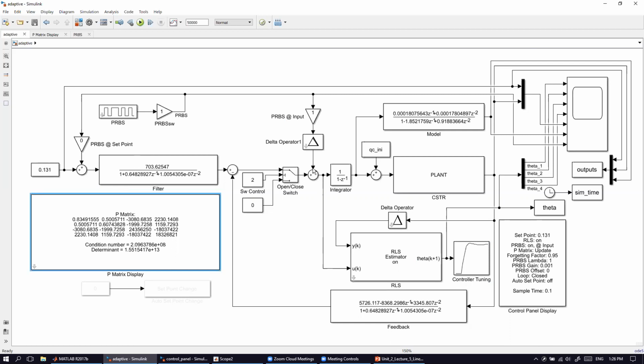So our excitation signal is a PRBS signal, which we also looked at, and it is added at the input to the plant. This one is constantly exciting the system with small amplitudes, and based on the response to the excitation, we are able to estimate the parameters.